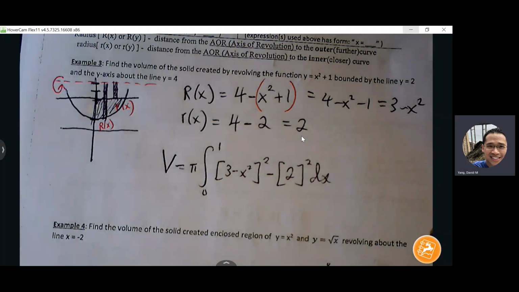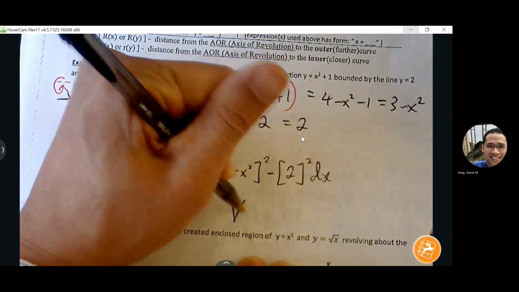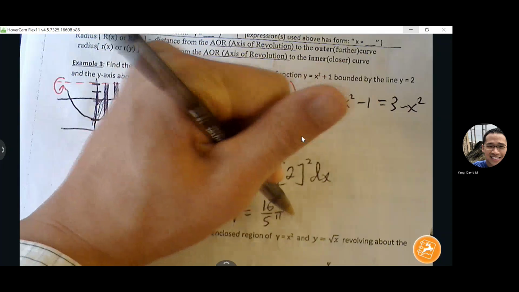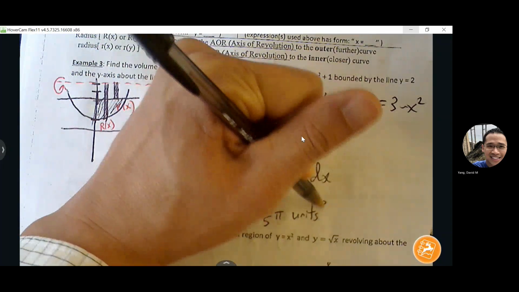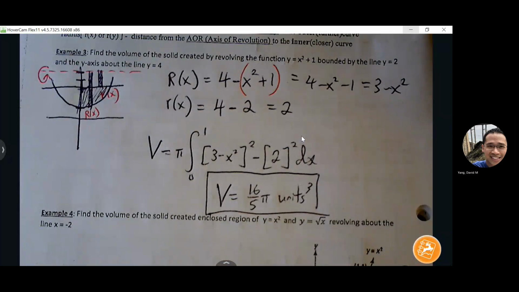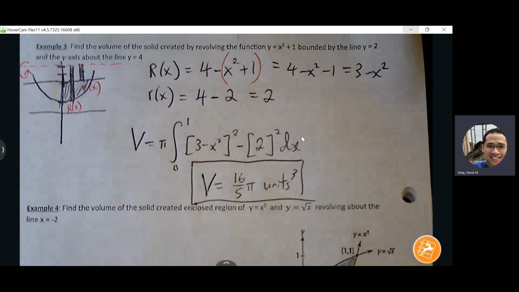Do you guys get 3.2? Or 16/5? Okay. So we're good with top minus bottom.